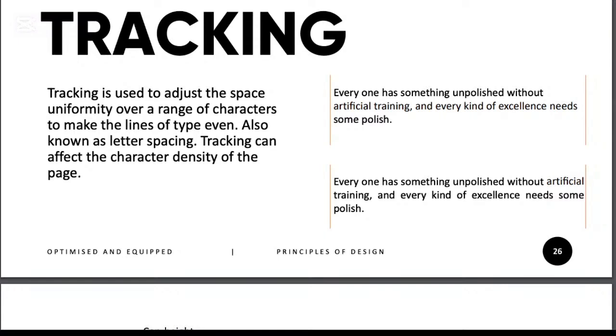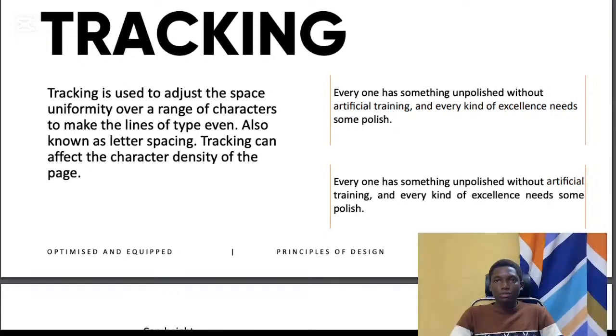So what this tracking means is that it deals with, when they say justification, the alignment, and you can give your text a full justification. You can make it centered, left aligned, or right aligned depending on the alignment, but it is used to adjust the space uniformity over the range of characters.